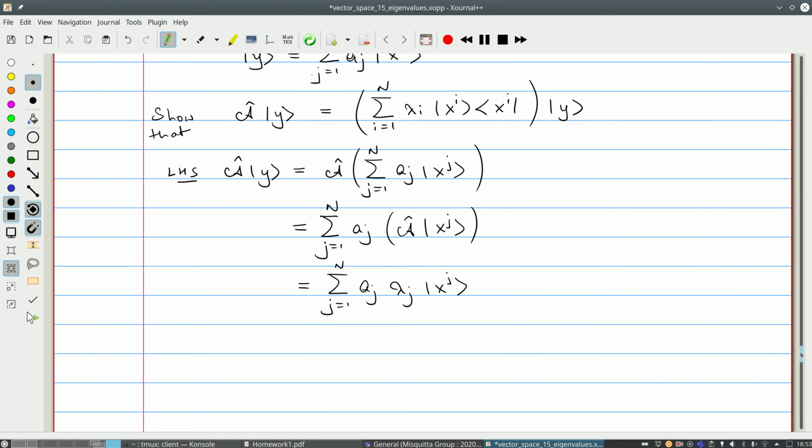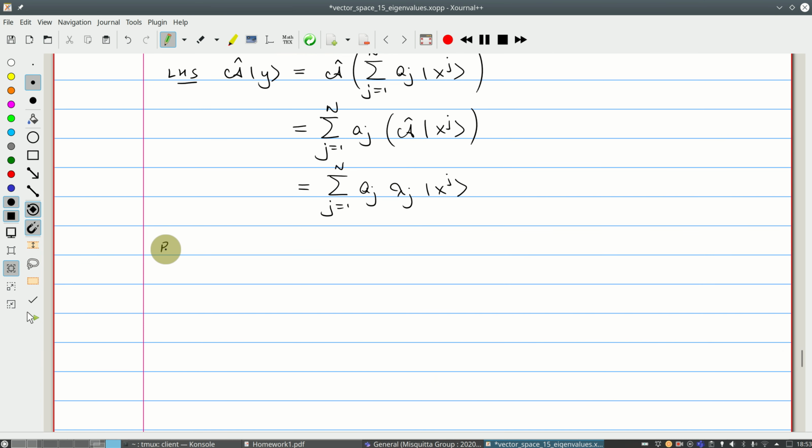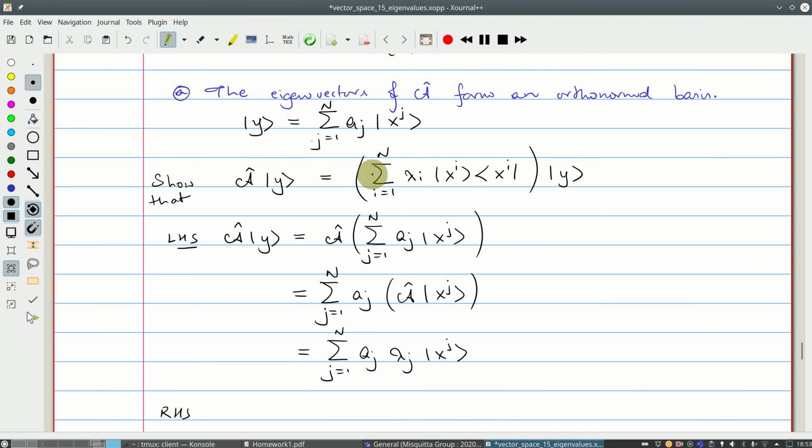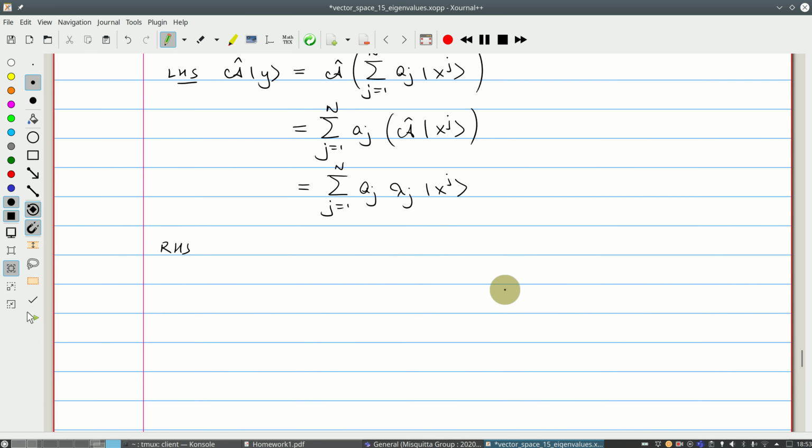The question now is, what is the RHS? So let's have a look at the RHS. That's equal to this sum operating on y. So that is the sum I is 1 to n, lambda I, xi, this is the outer product, this whole thing operating on y. Okay, now let's see what this does.